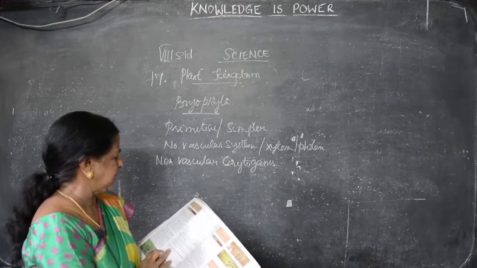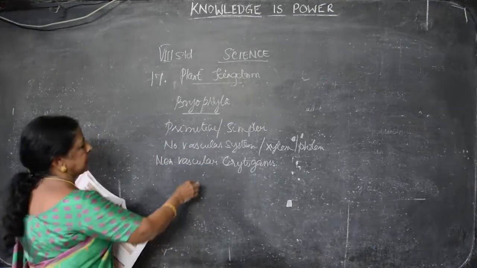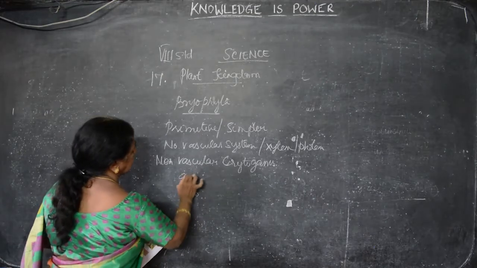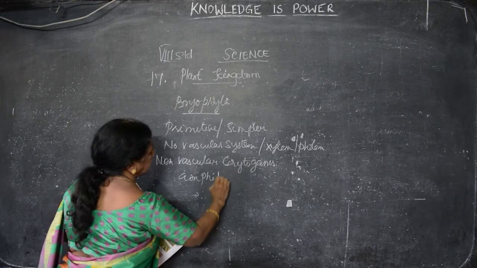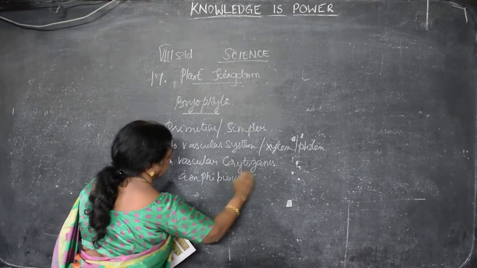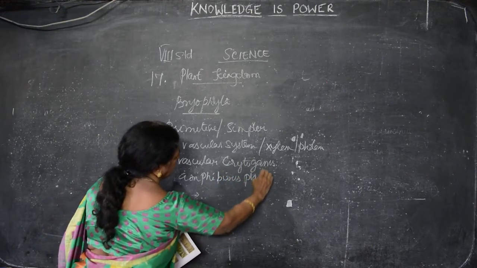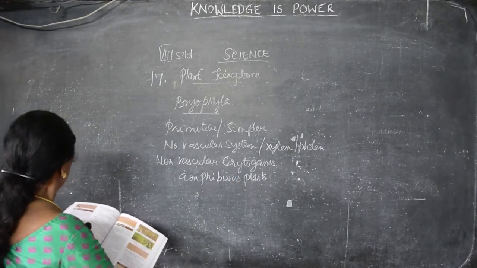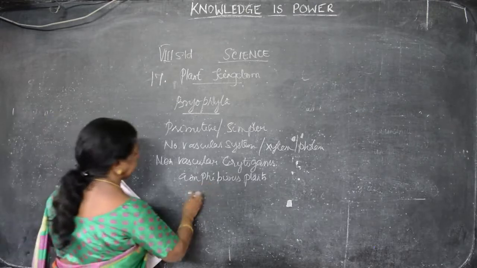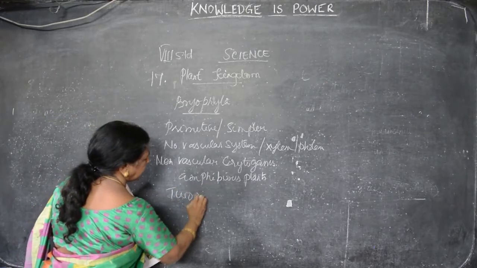Non-vascular cryptogams. They are amphibious, that is, they can live in water as well as land. Amphibious plants. Then the life cycle: it has 2 generations.